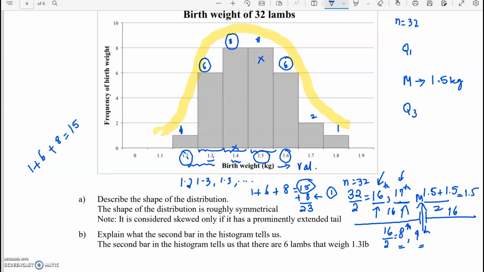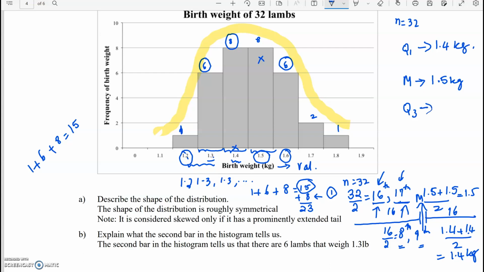So both numbers are 1.4. We take the average of the 8th and 9th numbers, add the two, divide by 2, and we get 1.4 kilograms. So Q1 is 1.4 kilograms.